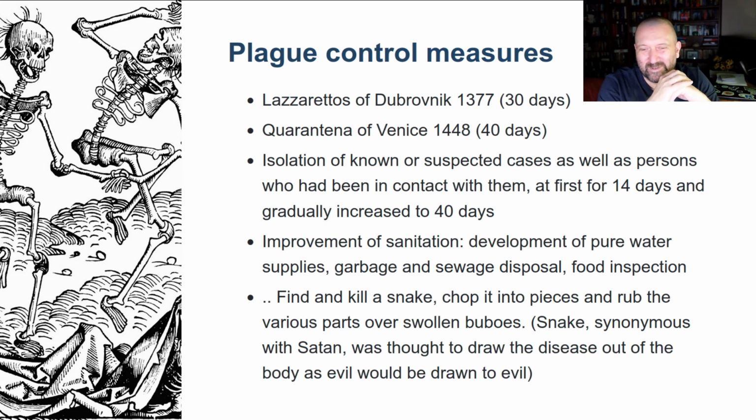Because the snake was synonymous with evil, if you put evil on evil, it attracted it and therefore got rid of the disease. So interestingly, several hundred years later, 600 years, 700 years later almost, there are still people that take the modern equivalent to this type of approach.